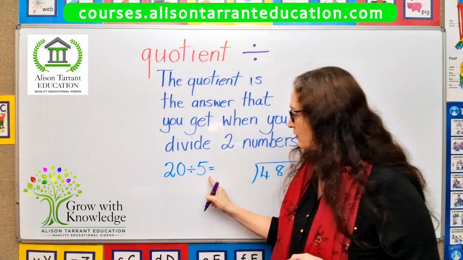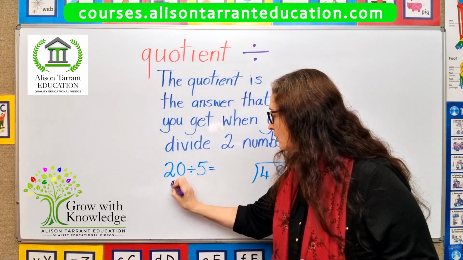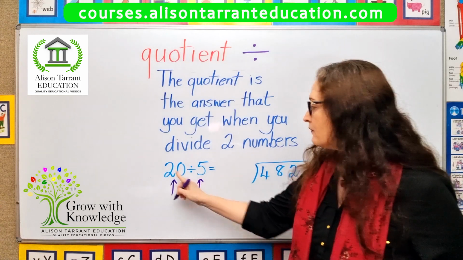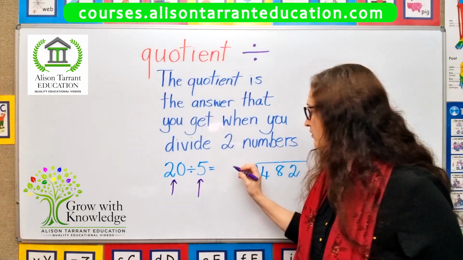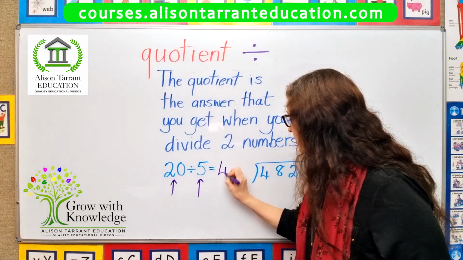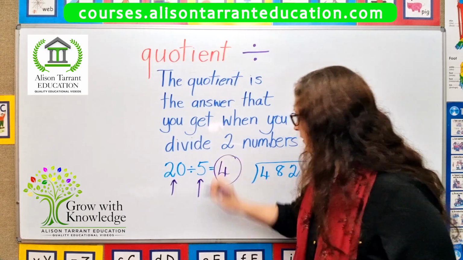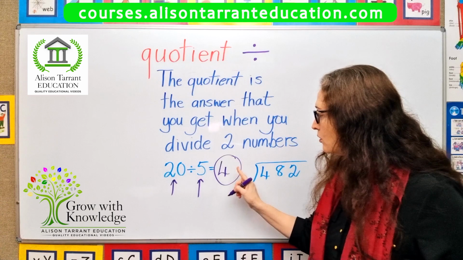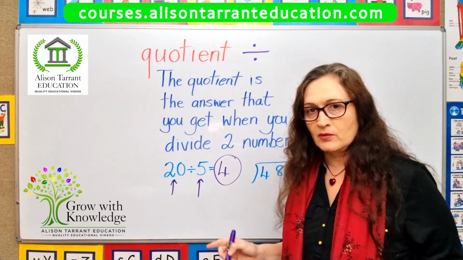So here are our 2 numbers. You have the number 20 and the number 5. And if you divide these 2 numbers and you get an answer, which is 4, 4 there is the quotient. 4 is the answer you get when you divide 2 numbers.